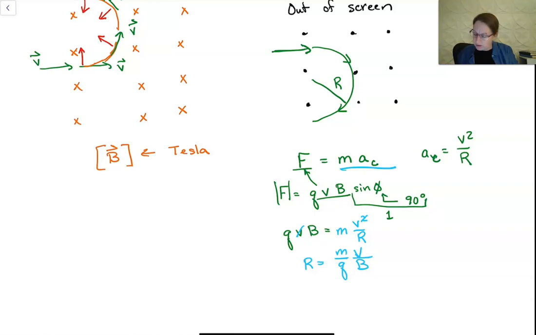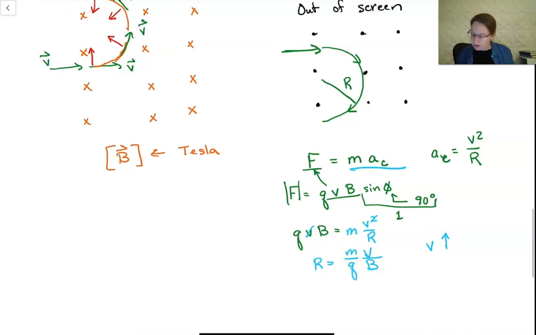If you're going faster, if v is bigger, then your radius is going to be bigger because your magnetic field doesn't bend it in as quickly. It doesn't make a really tight circle. Similarly, if your magnetic field gets bigger, then B is in the denominator, which makes r smaller, which makes a tighter circle. So the force forces it into a tighter and tighter circle. So you can get some information that way.